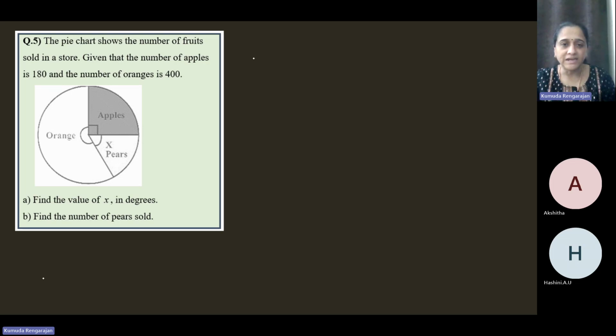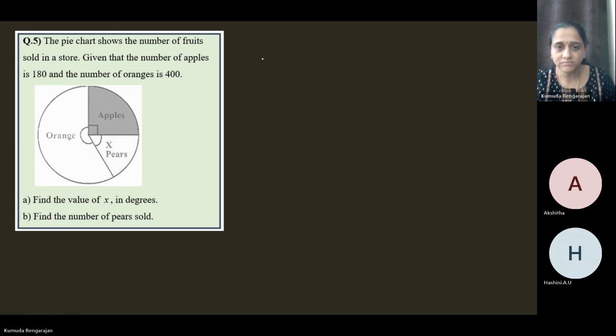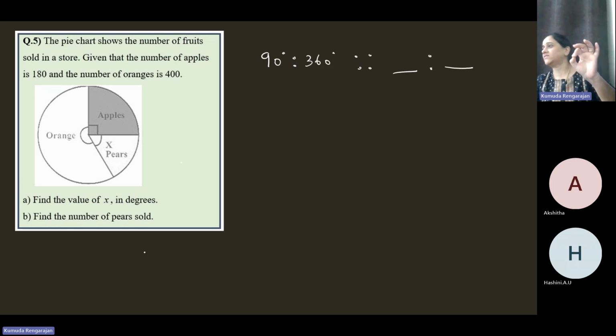See here, 90 degrees is the central angle for apples, is to a total of 360 degrees, as to the number of apples, 180, is to something. 90 degrees means it's the central angle for apples.